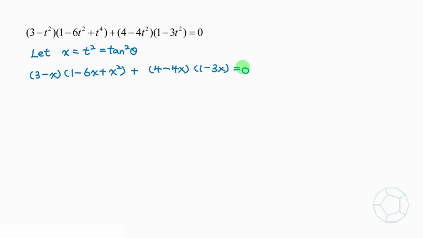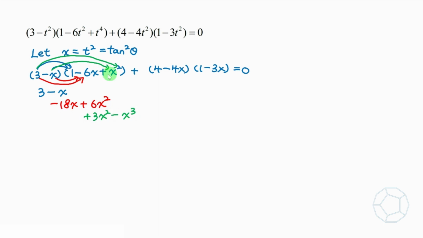Expand and simplify. We expand in such a way so that it's easier to group the like terms. We'll do the same for the second term.